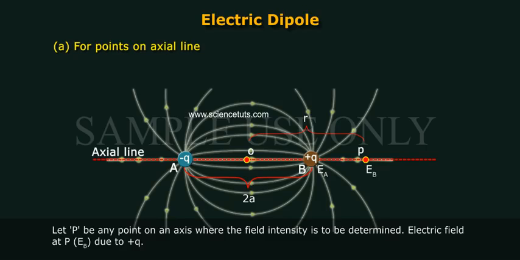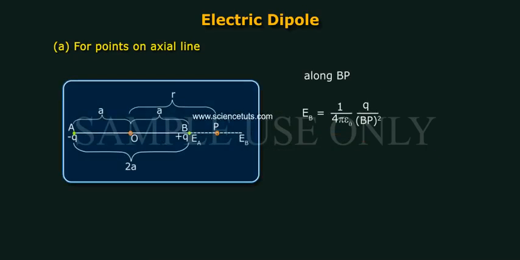Electric field at P, EB, due to +Q. EB is equal to 1 by 4 pi epsilon naught, Q by BP whole square, along BP, which is equal to 1 by 4 pi epsilon naught, Q by (R minus A) whole square.